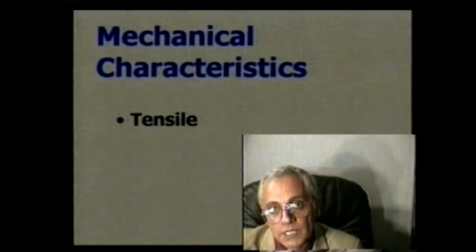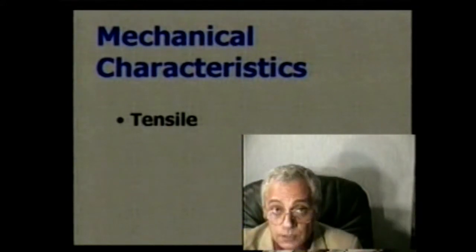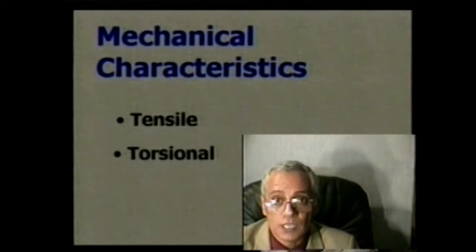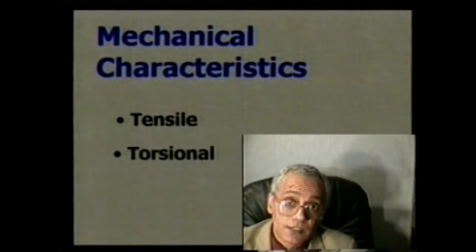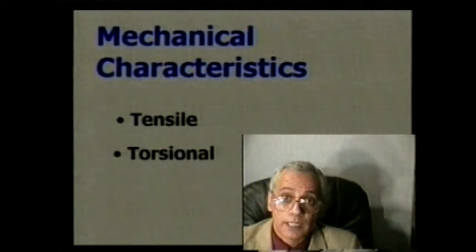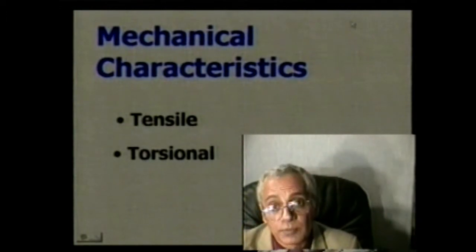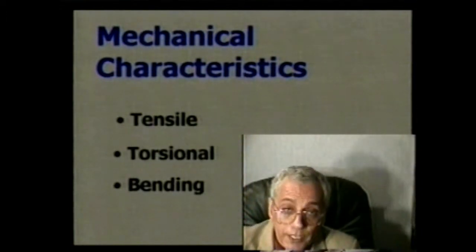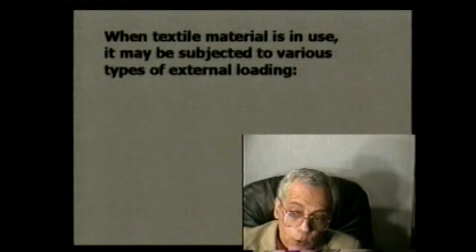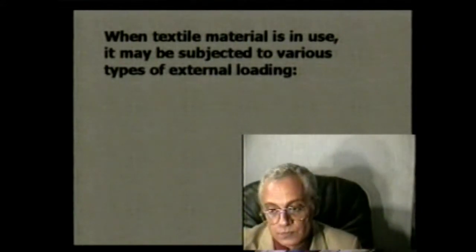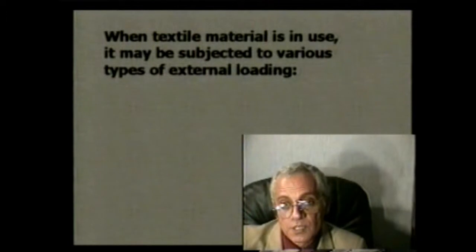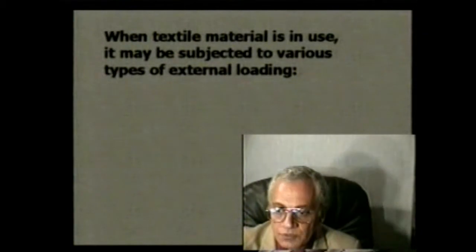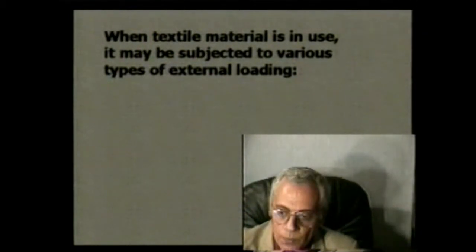There are many mechanical characteristics of material. The tensile characteristics, which are the characteristics that we see under tension. The torsional characteristics, those that we can detect under torsion or twisting of material. Bending, another mode of deformation. In general, when textile material is in use or in processing, it may be subjected to various types of external loading.